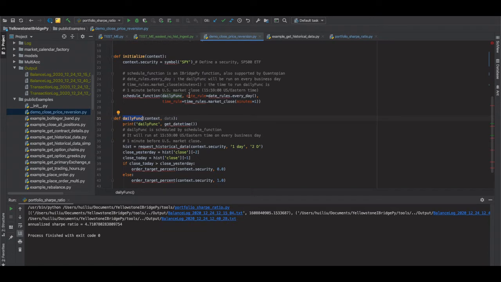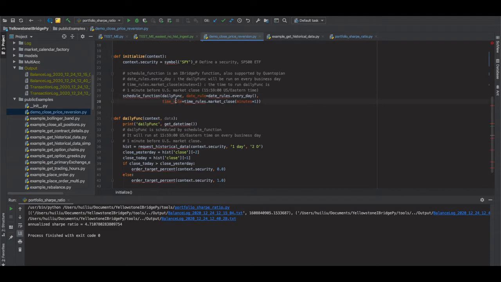And there is a date rule and a time rule. The date rule is what day you want to run this function. The date rule is every day, which means every trading day, because on weekends we don't trade.